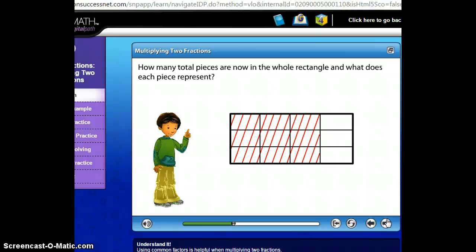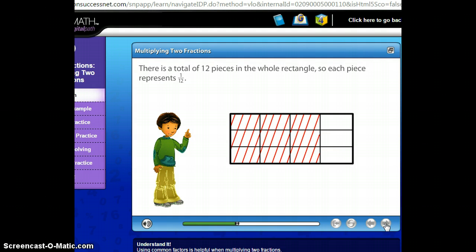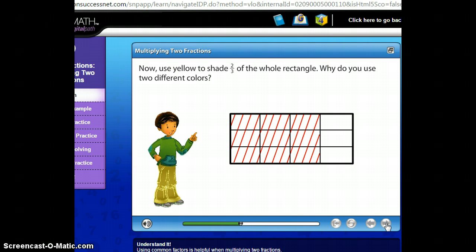The whole rectangle, not just the 2/3, right? Not just the shaded part. In the whole thing. Okay, and so each one represents a 12th. 1/12, yes. There is a total of 12 pieces in the whole rectangle, so each piece represents 1/12.